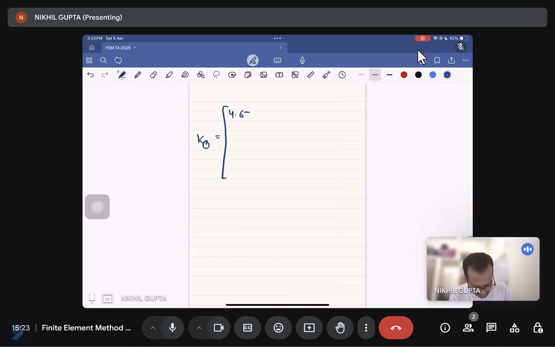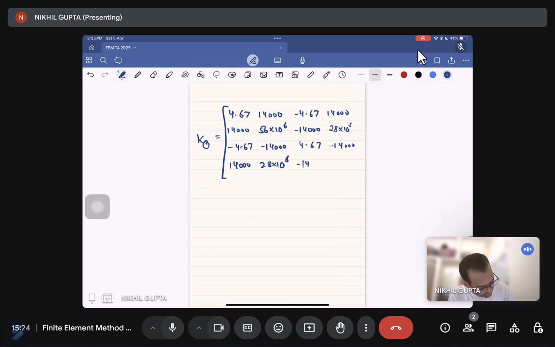you will get this solution, which is 4.67, 14,000, minus 4.67, 14,000; 14,000, 56 into 10 power 6, minus 14,000, 28 into 10 power 6; minus 4.67, minus 14,000, then 4.67 and minus 14,000; then 14,000, 28 into 10 power 6, minus 14,000 and 56 into 10 power 6.